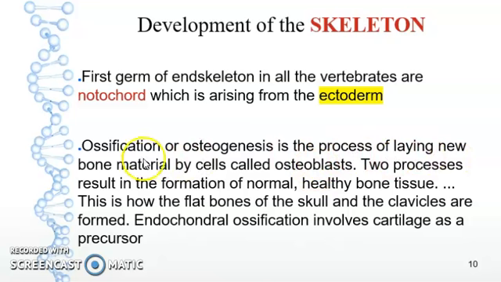It's the process of laying new bone material by cells called osteoblasts. 2 processes result in the formation of normal healthy bone tissue. This is how the flat bones of the skull and the clavicle are formed. Endochondral ossification involves cartilage as a precursor.